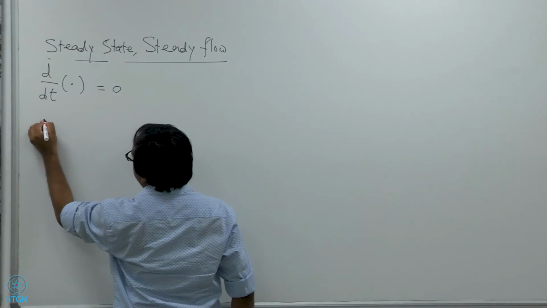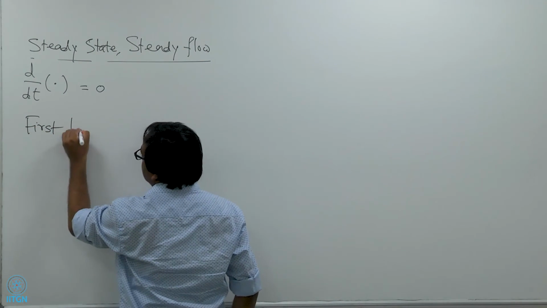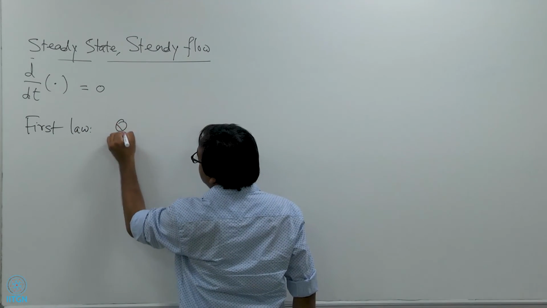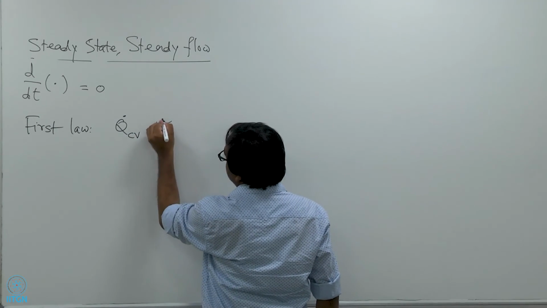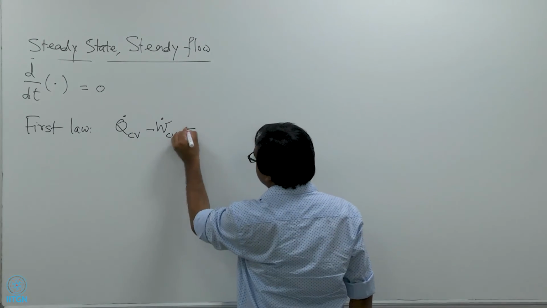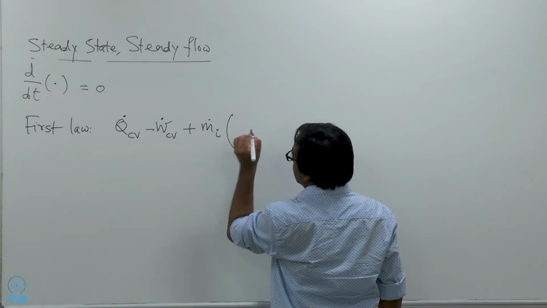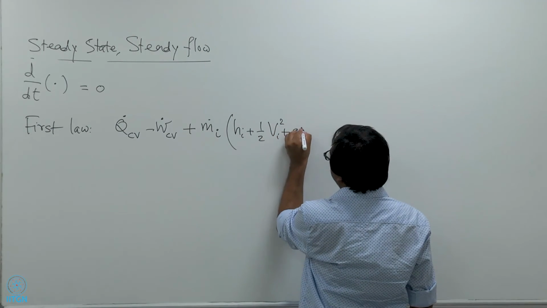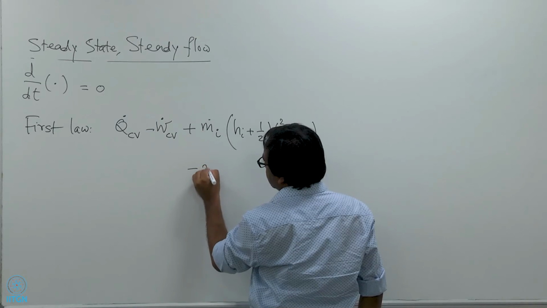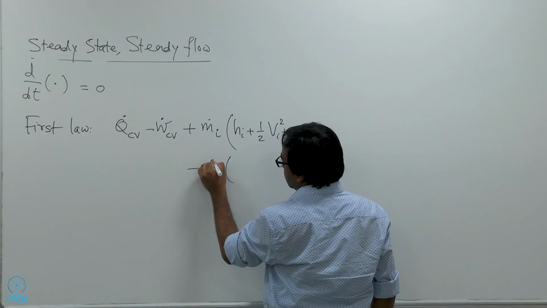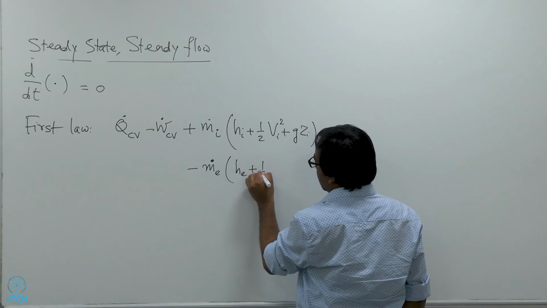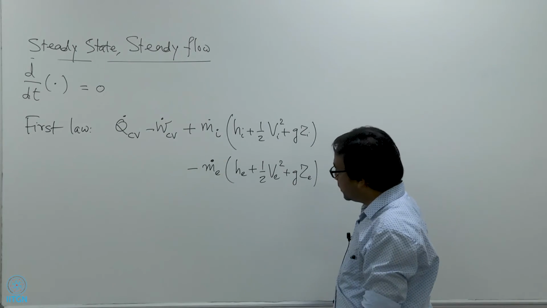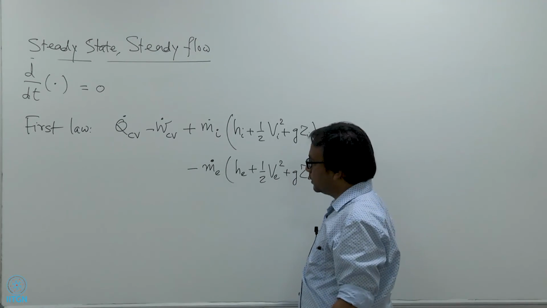So, in steady state the first law becomes: Q dot CV minus W dot CV plus m dot i times (hi plus half Vi squared plus g zi) minus m dot e times (he plus half Ve squared plus g ze), assuming that there is only one inlet and one outlet.